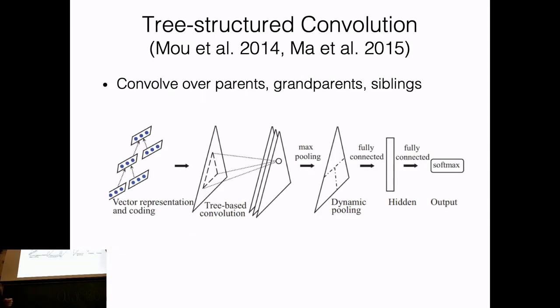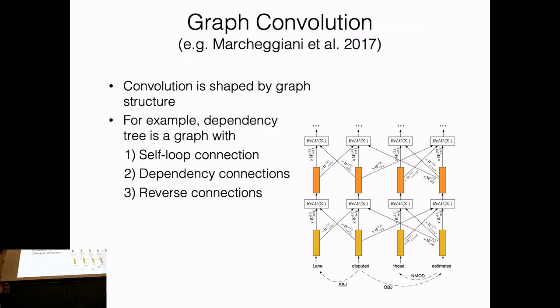There are some typical research works that have explored this direction. For example, this work says we could extend our traditional convolution to a tree structure. And this work claims that we could extend the convolution to the graph structure.